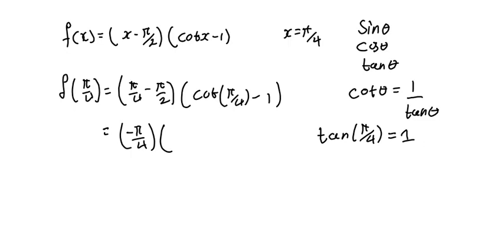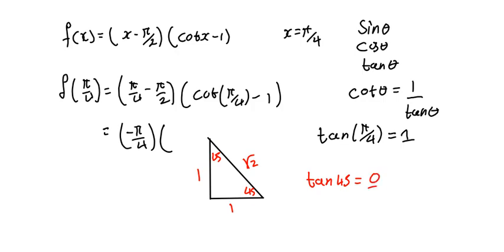So you can actually look at this from this triangle right here, like those special angles. So let's say here we have 45, and here we have 45, here we have 1, here we have the square root of 2. So when we say tan 45, from SOHCAHTOA, tan 45 is simply equal to opposite over adjacent.